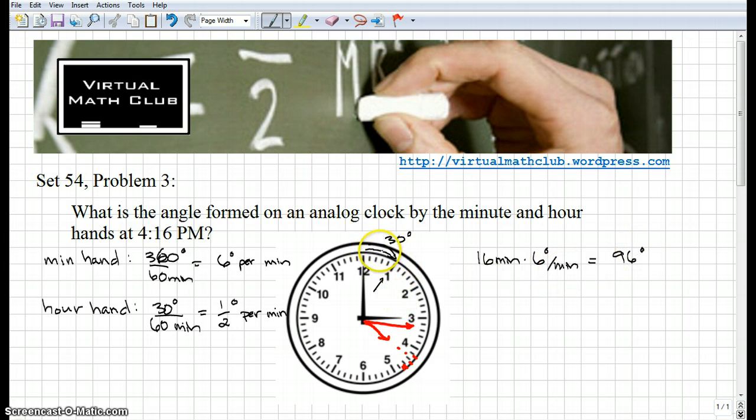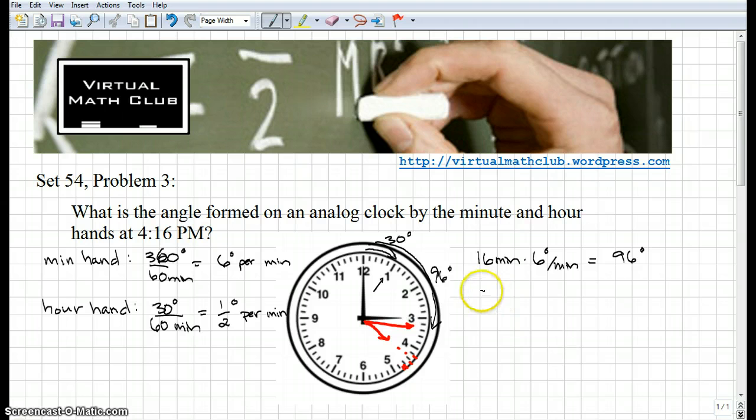So that tells us that the angle from 12 over to where the minute hand ends, 16 minutes after the hour, is 96 degrees. And that makes sense, just beyond 15, right? 15 would be 90 degrees. So 15 minutes after the hour, it's 90 degrees, and at 16, it's 96. So you could reason it out that way as well.